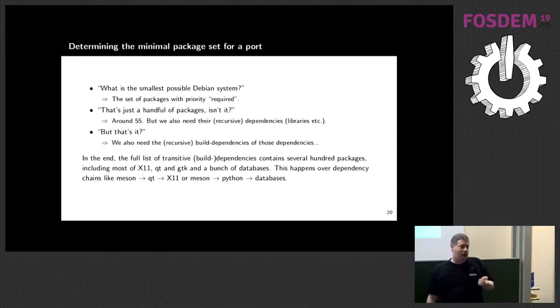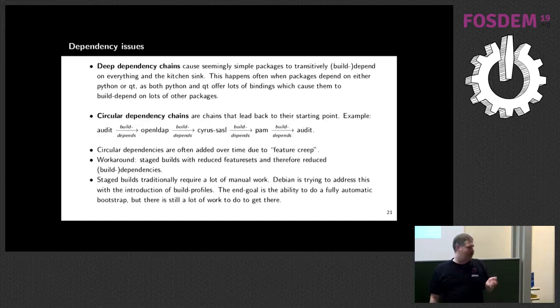Dependency issues are twofold. One is deep dependency chains, as I've just shown. To build one of the command line base packages, we had to cross-build some 80 or 90 other packages just to get the build environment set up to be able to compile a single simple package.